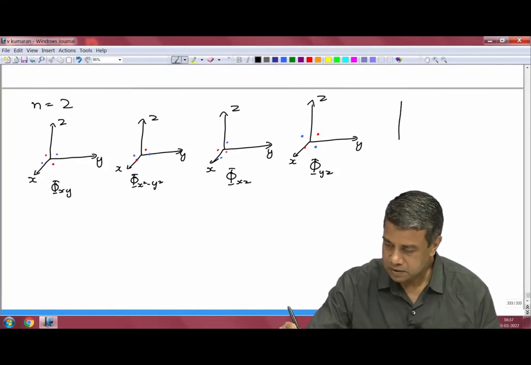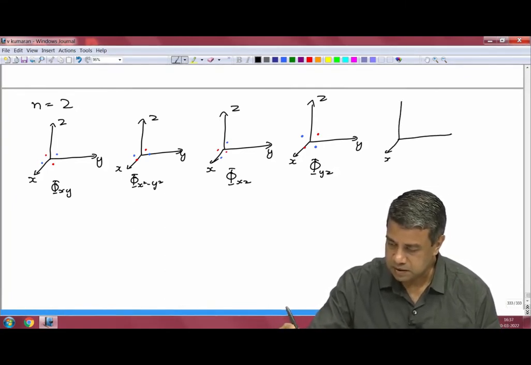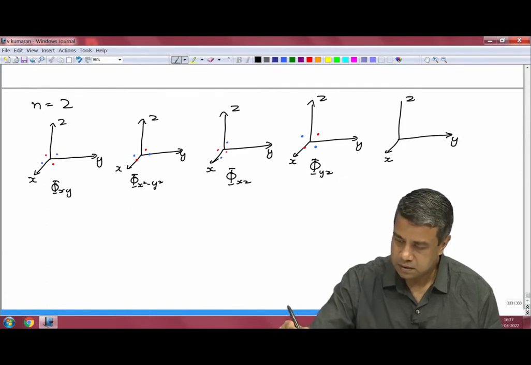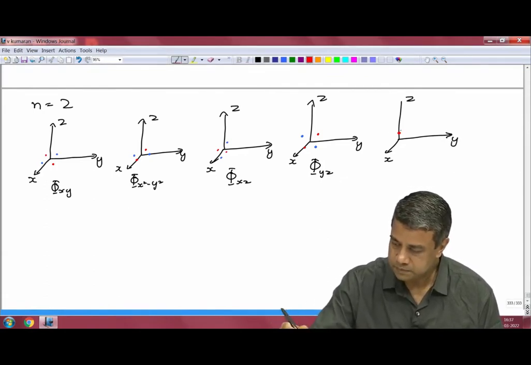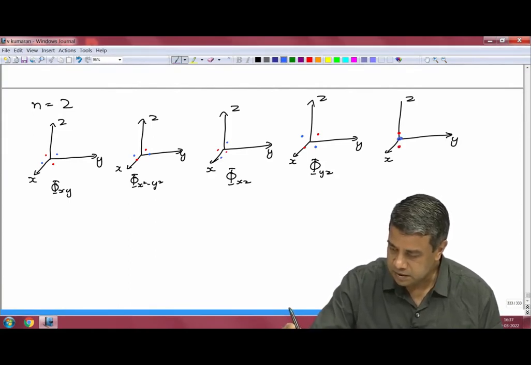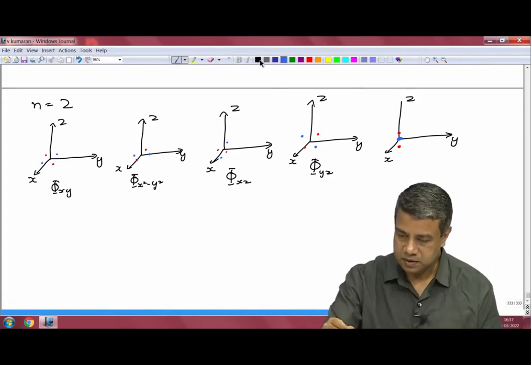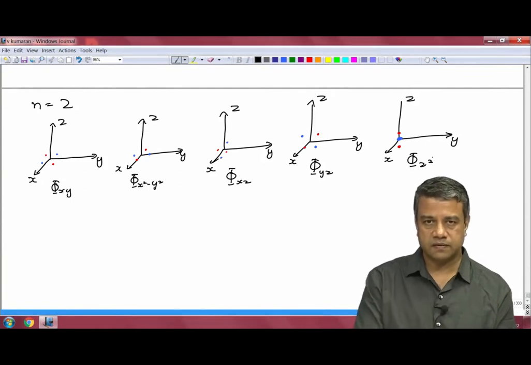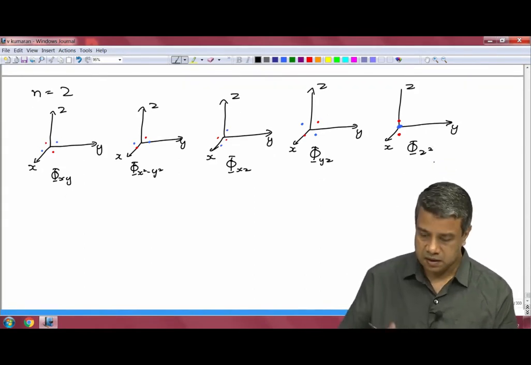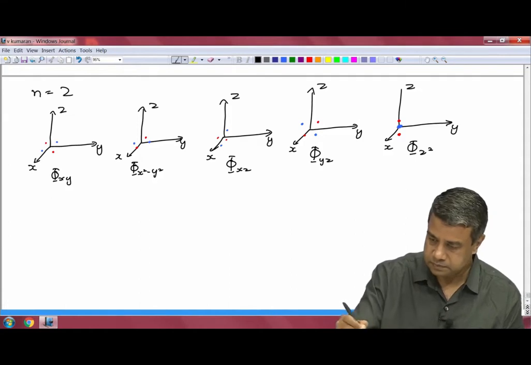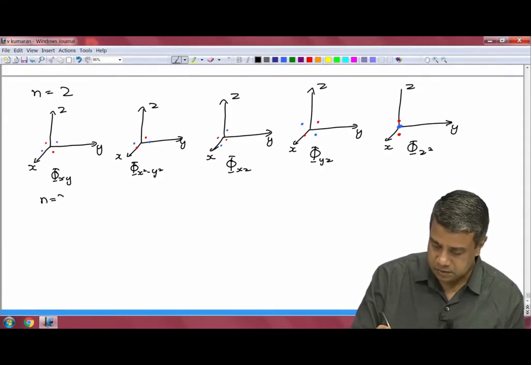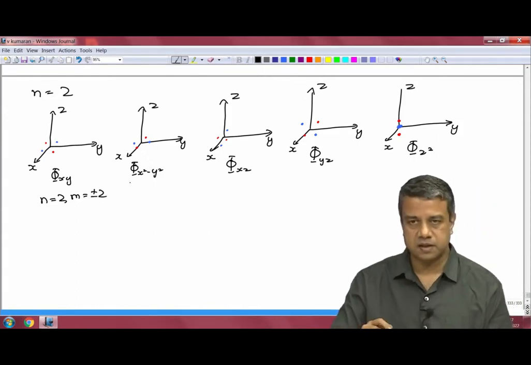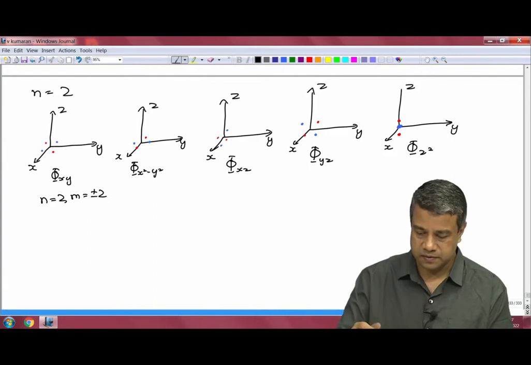And then there is one where the sources and sinks are separated only in the x direction, and you have a sink that has double the strength at the origin. So this goes by the name of phi z square. So these are the 5 solutions corresponding to n is equal to 2. This is m is equal to plus or minus 2. A combination of m is equal to plus 2 and minus 2 gives you the first one.